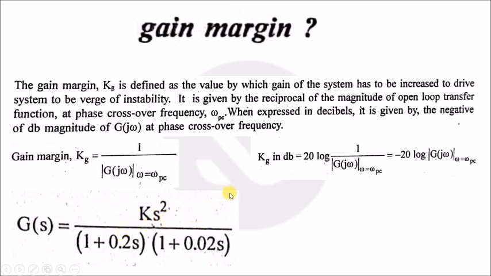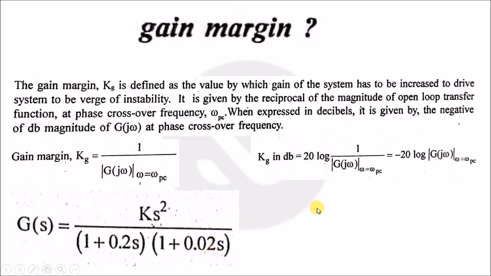The complex magnitude, let's say a plus ib, will be the square root of a square plus b square. Similarly here you need to find the magnitude: square root of 1 square plus 0.2 omega whole square, and square root of 1 square plus 0.02 omega square.